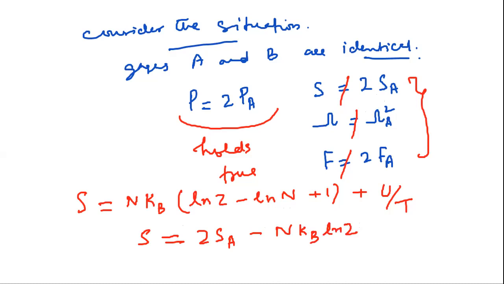What you are doing, you are taking the entropy of a mixture, then you have to take the entropy of one gas, then you make both gases same, you make B molecules A molecules, then SA is representing the entropy pertaining to gas A when gas B is absent.